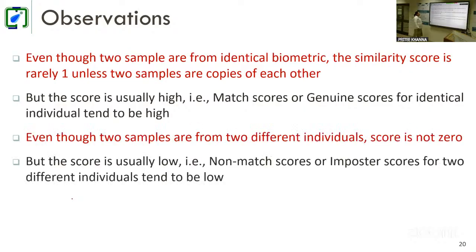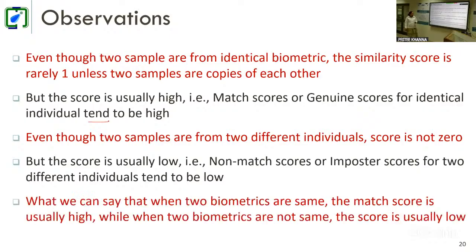But what is the observation there? If the templates are from the same user, the matching score will be high. Similarly, if the two templates are from different users, the matching score should be low. So the match score is usually high for a match and usually low for a non-match. With this note, we have to move forward.